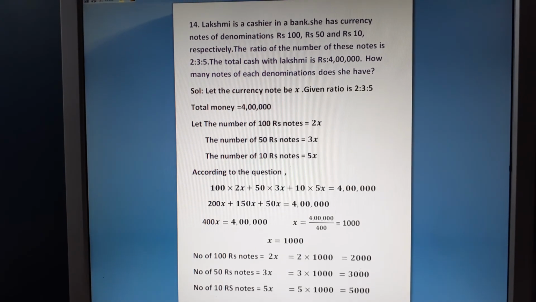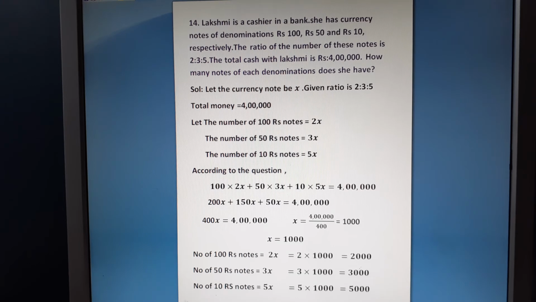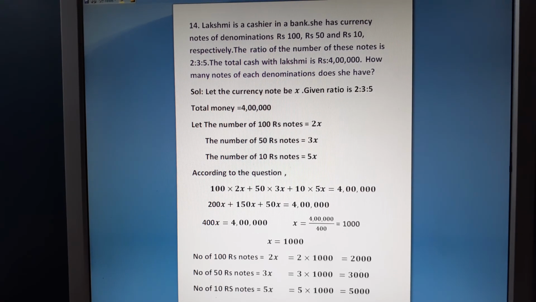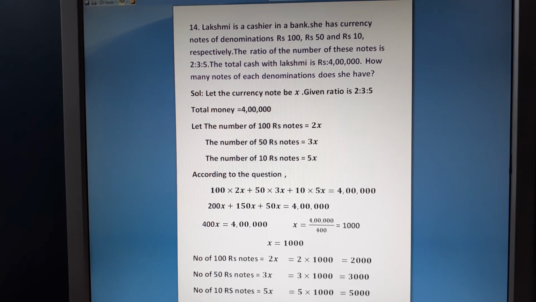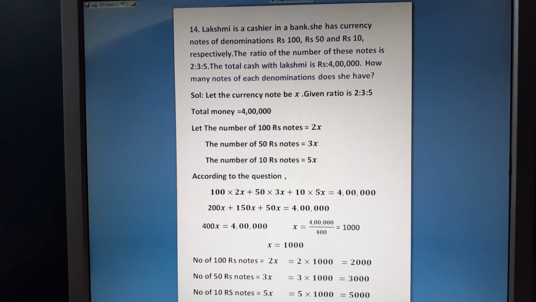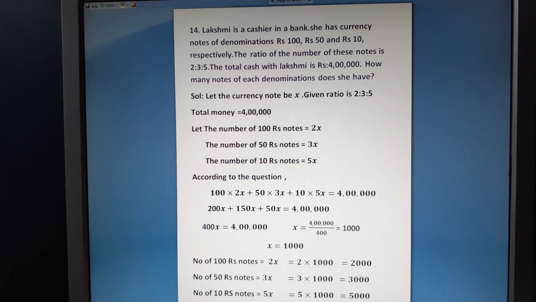14th problem. Lakshmi is a cashier in a bank. She has currency notes of denominations rupees 100, rupees 50 and rupees 10 respectively. The ratio of the number of these notes is 2:3:5. The total cash with Lakshmi is rupees 4 lakh.